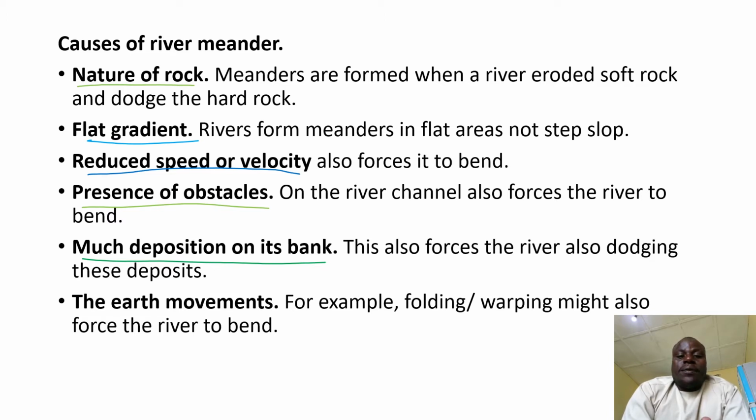And as it tries to dodge the upwarped area and follows the downwarped region, it dodges the other upwarped rock and bends. Even faulting: a river may bend along a fault-guided valley, forming a fault-guided river.